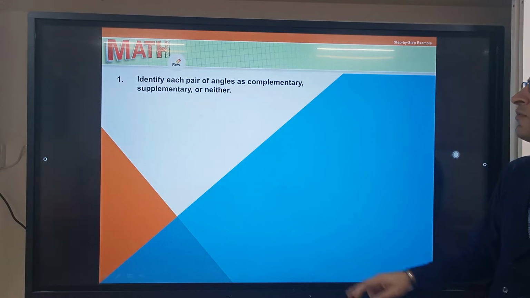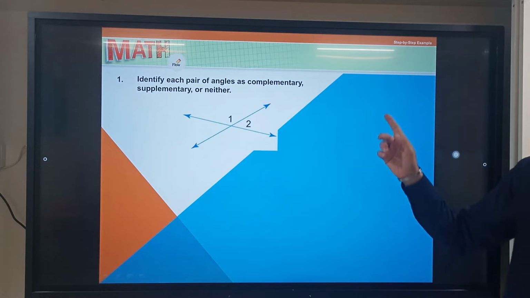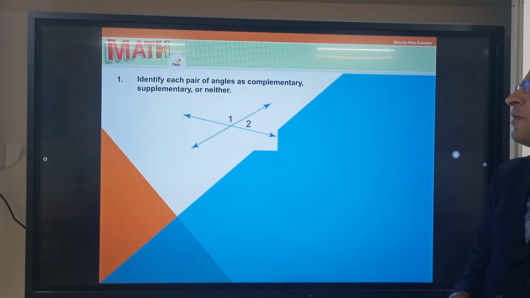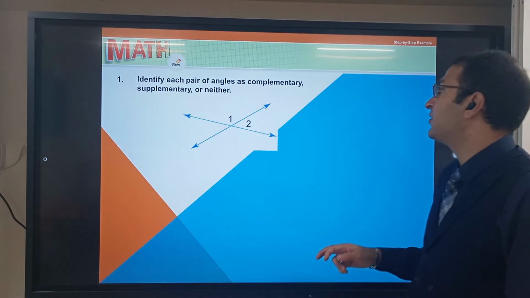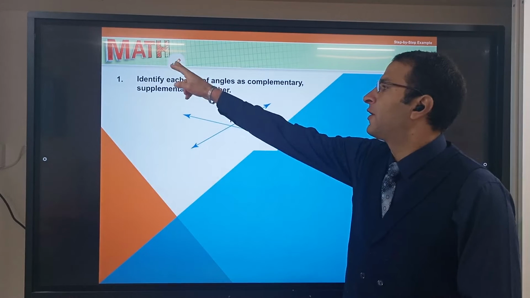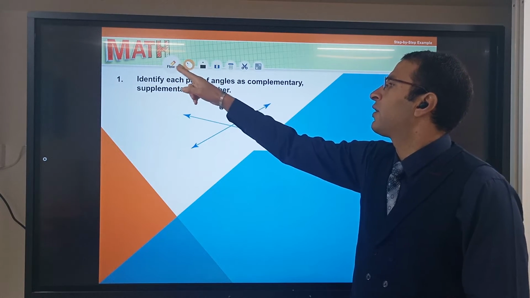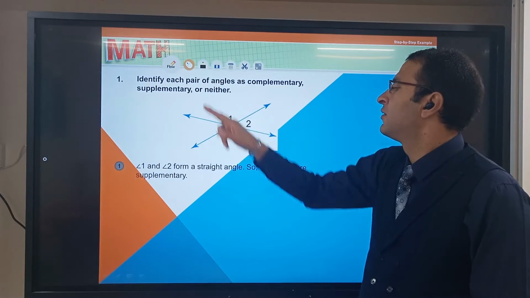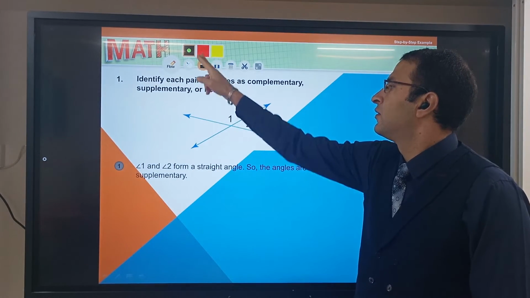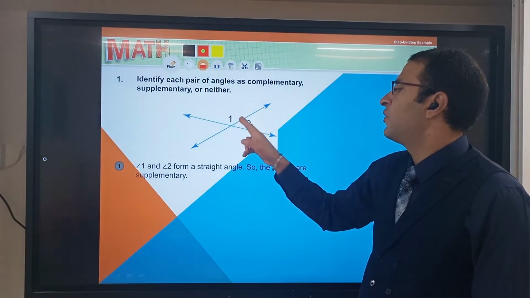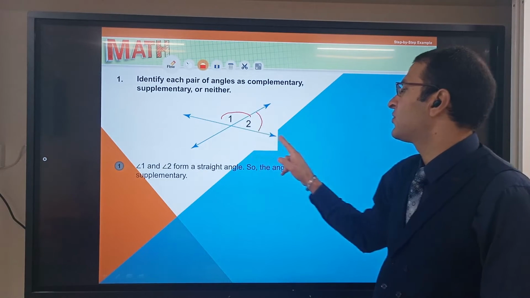We need to identify each pair of angles as complementary or supplementary. Here, my friend, I have angle 1 and angle 2. These two angles make a straight line intersecting with a ray.